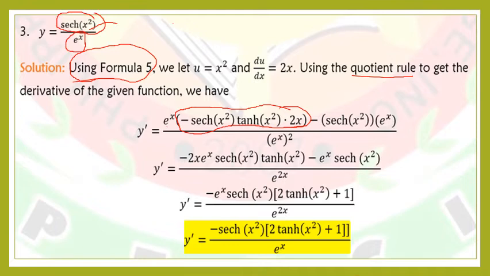Take note of theorem 2.7.2: the derivative of e to the x is e to the x. In the denominator, we just square e to the x.